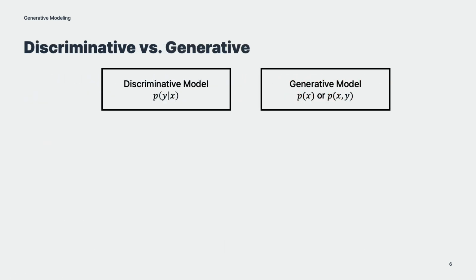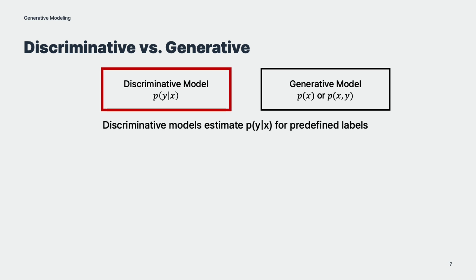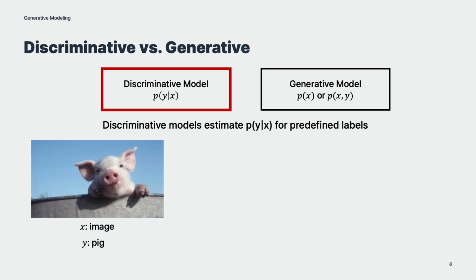From the perspective of probability distribution functions, we can compare discriminative and generative models. A discriminator estimates the conditional probability P of y given x, where x is the data, in our case an image, and y is a predefined label. For convenience, I'll just refer to y as the label.